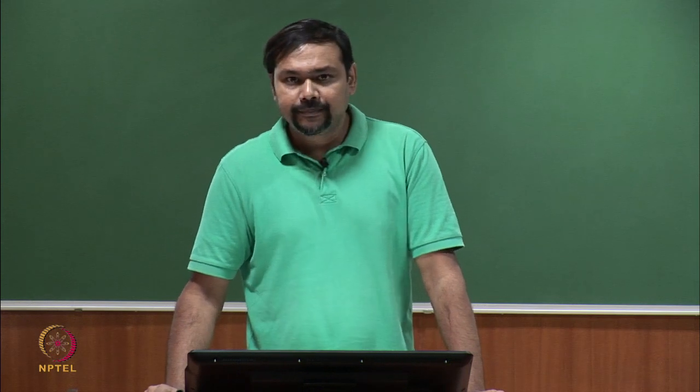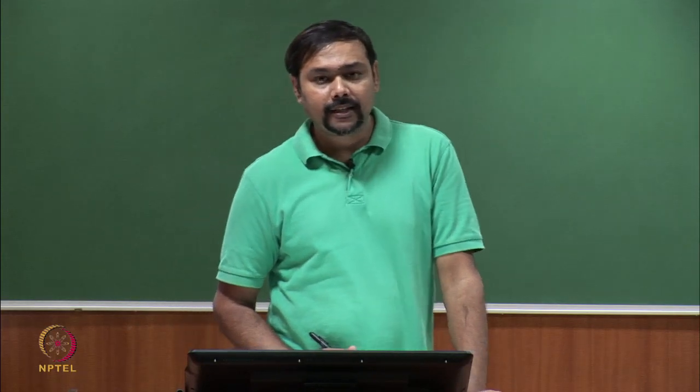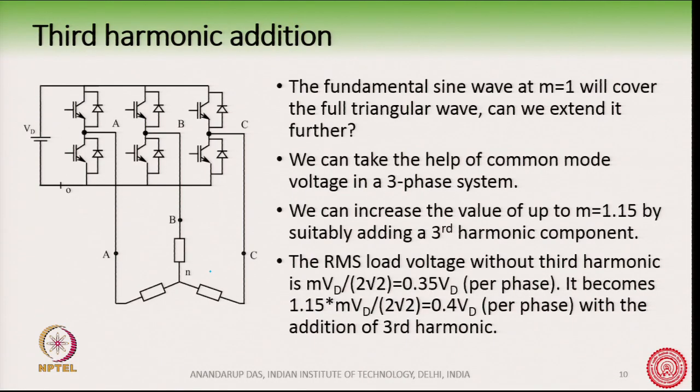So, let us see what will happen if we try to add any harmonic. Before we go into that, we must first see the equivalent circuit of this converter. Okay, so we have a 3-phase converter, consisting of 3 half bridges.